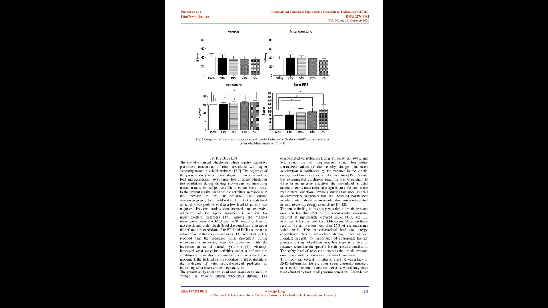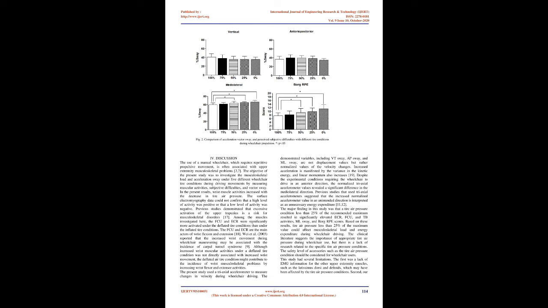The measured variables of the ML vector sway and Borg RPE score were significantly different among the tire conditions, Table 2, p < 0.05. Similar to the ECR results, the ML vector sway of the 100% tire condition was significantly lower than those of the 50%, 25%, and 0% tire conditions, p < 0.05, Fig 2.